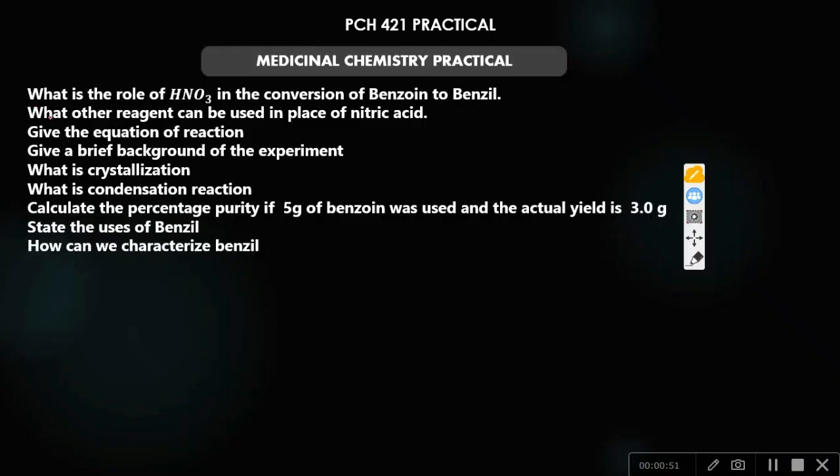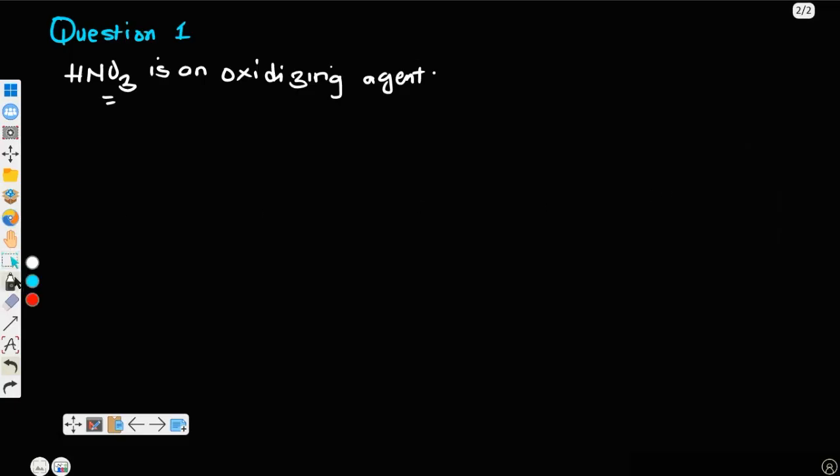Now next, what other reagent can be used in place of nitric acid? Now in place of nitric acid, this is question 2. What other reagent do you think you can use in place of nitric acid? You can use copper(II) acetate.